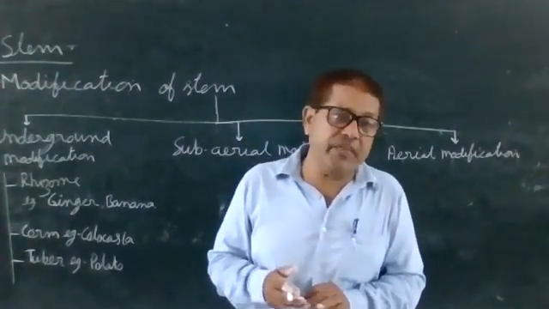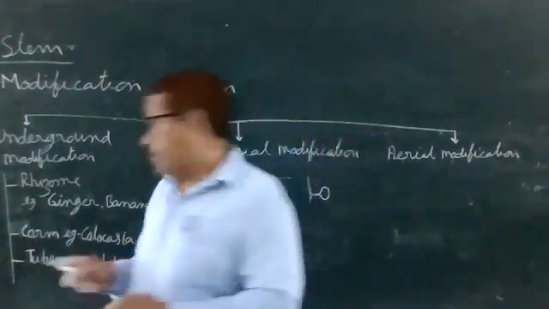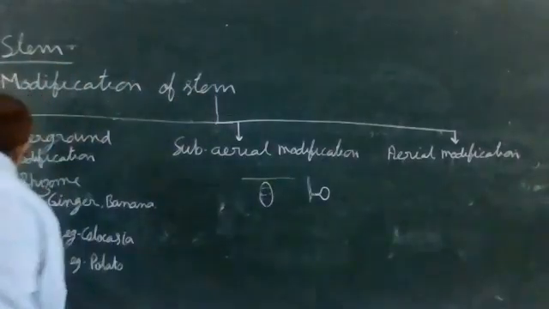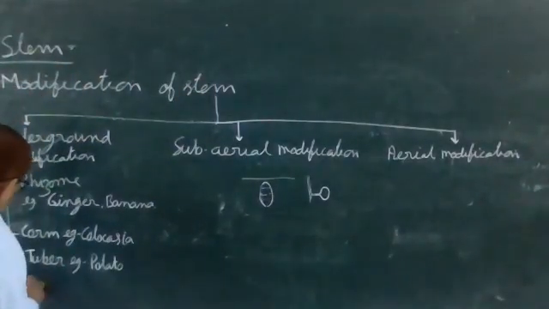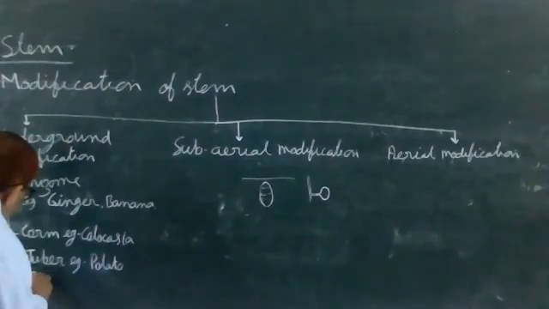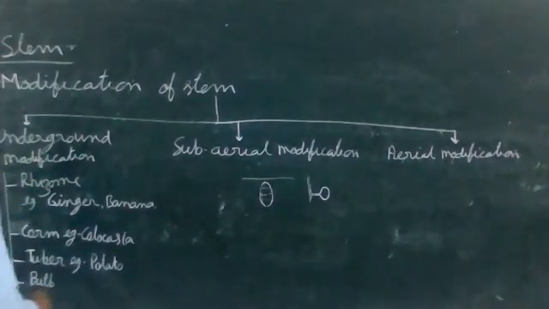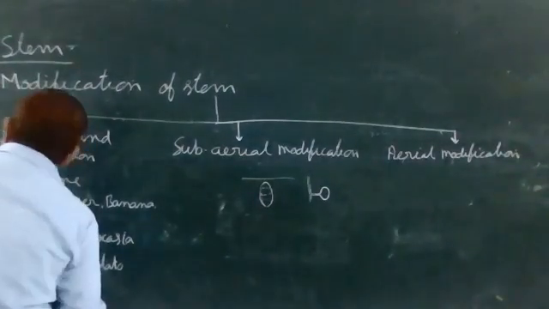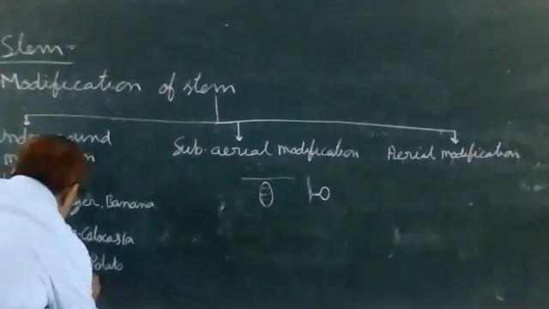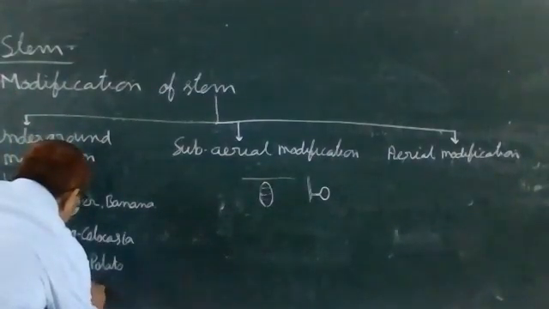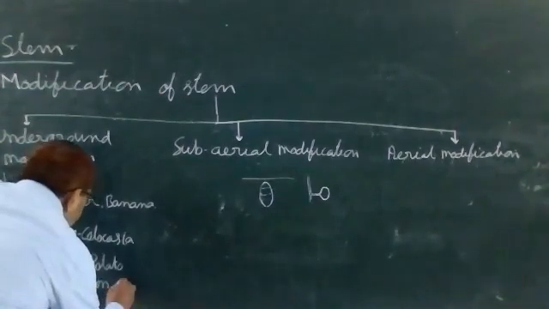And next modification is bulb. Next one is bulb, as onion, garlic.